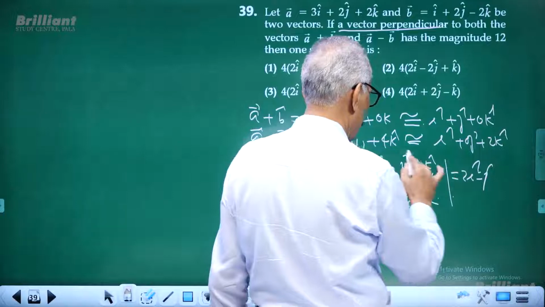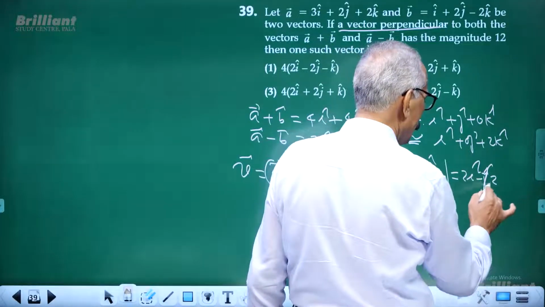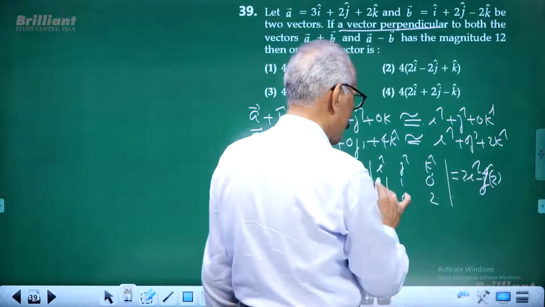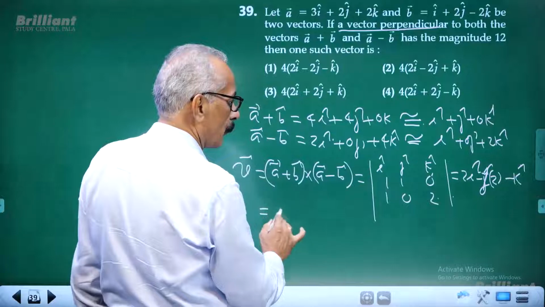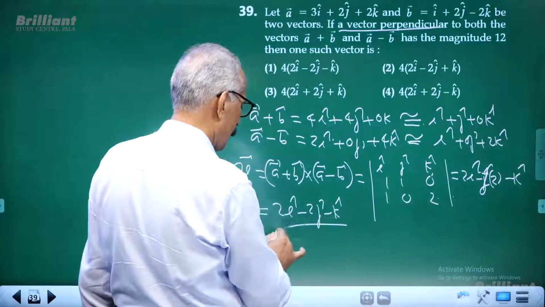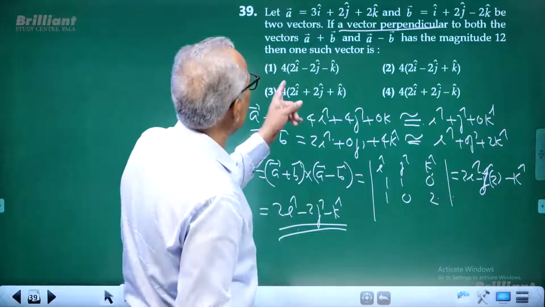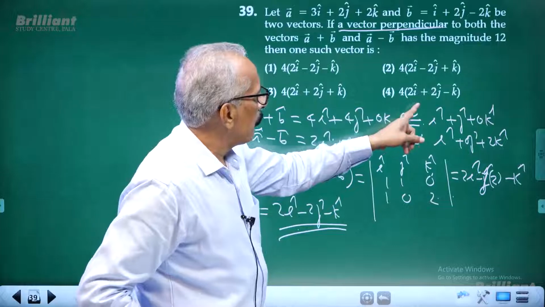Minus j into 2 minus 0, that's also minus 2j. Plus k into 0 minus 1, minus k. So that vector is equal to 2i minus 2j minus k.